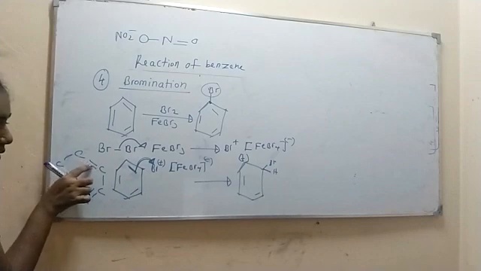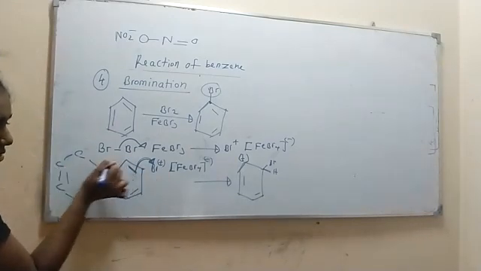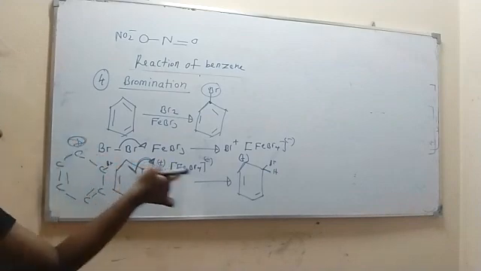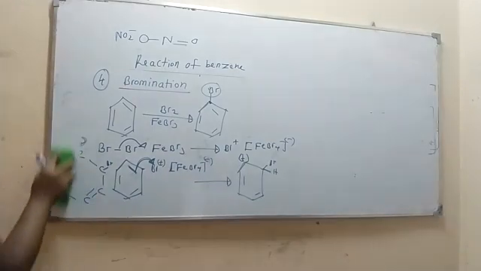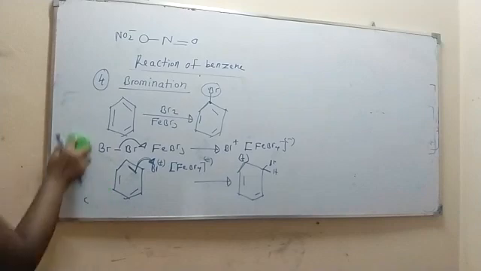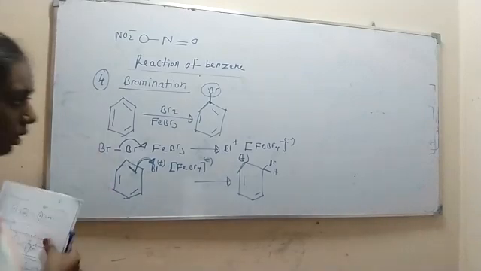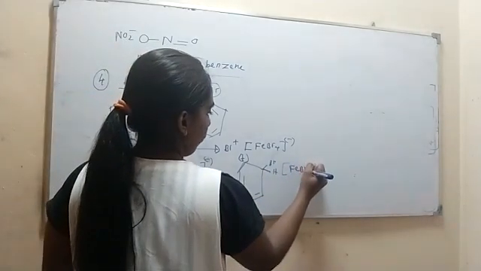Now if I break this bond and another bond is forming here, Br is coming and attaching, but that bond is not here. That's why we are putting the plus sign here. That is the reason for the plus. Do you get the reason for the plus now? Yes, miss. That's really important. If you identify the plus in the correct position, you can quickly draw the rest of the intermediate structures. So here we have FeBr4 minus.